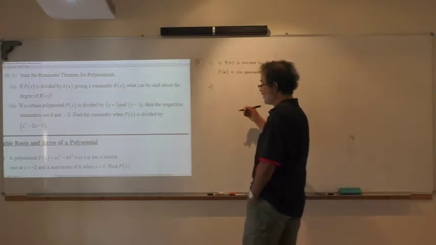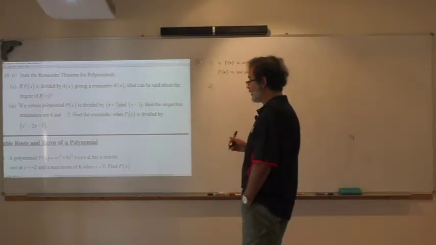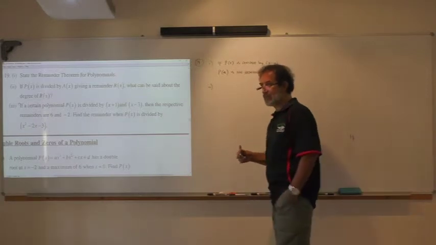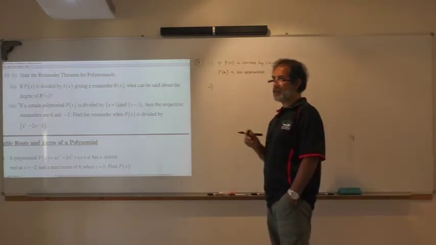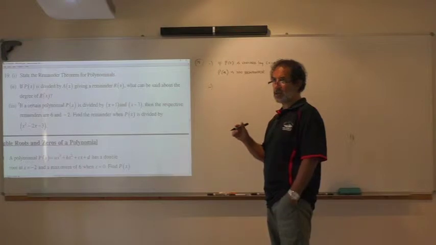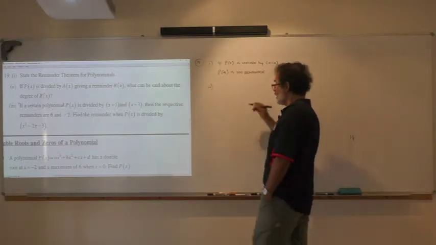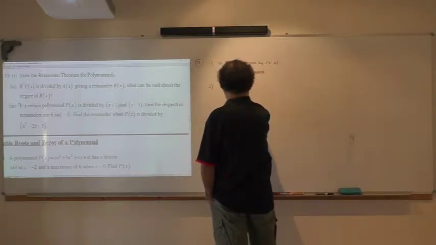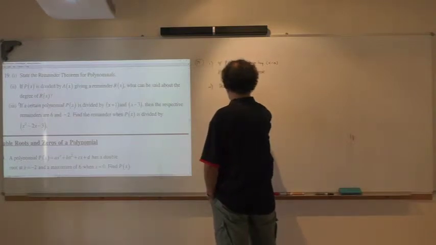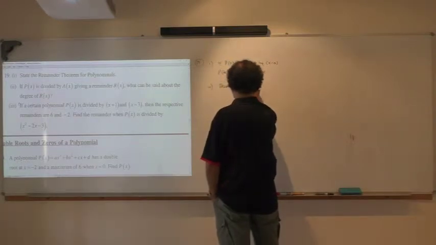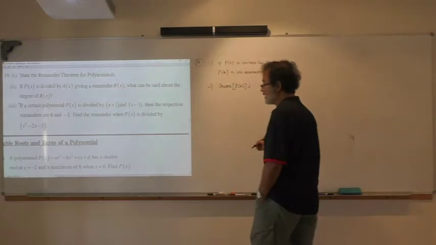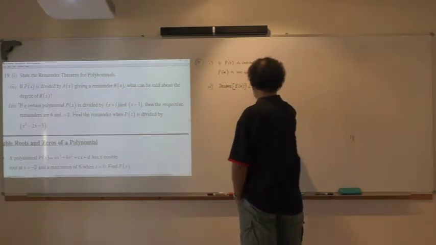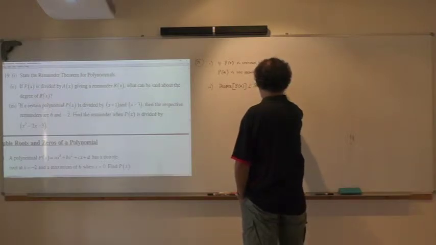We know that when you divide by a divisor, the degree of the remainder has to be lower. So we're going to say that the degree of the remainder has to be smaller than the degree of the divisor.